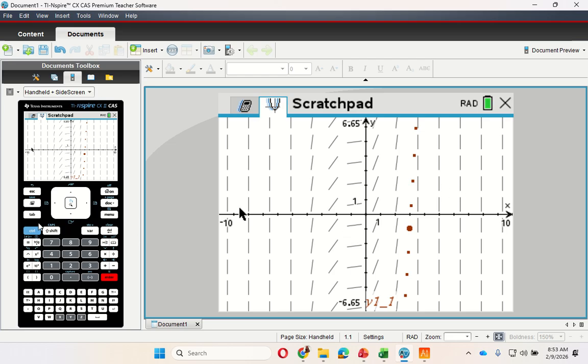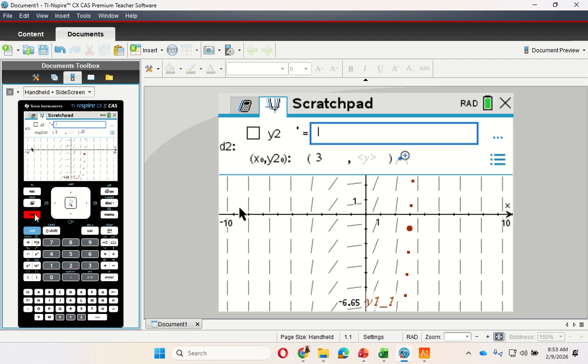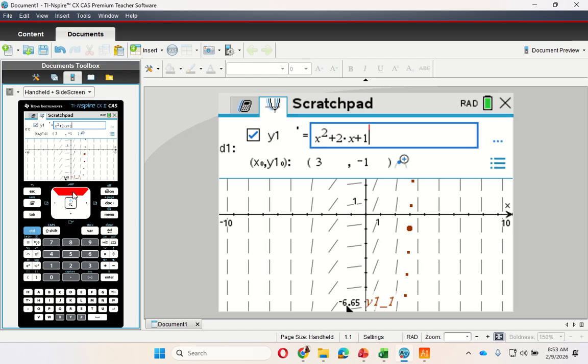So I'm also going to hit tab, go up, so let's say, for instance, I want to change my initial condition. Instead of having that, let's go 3, 0.